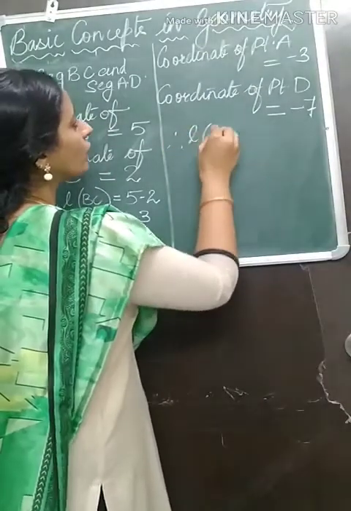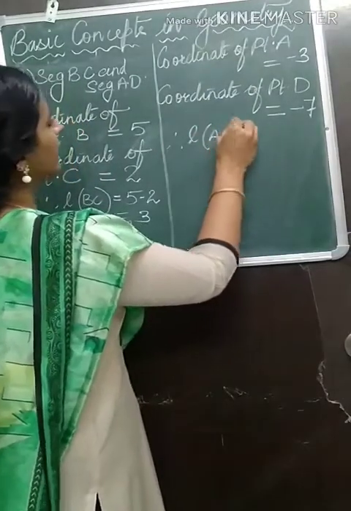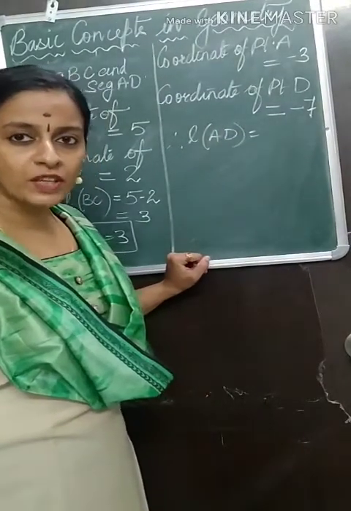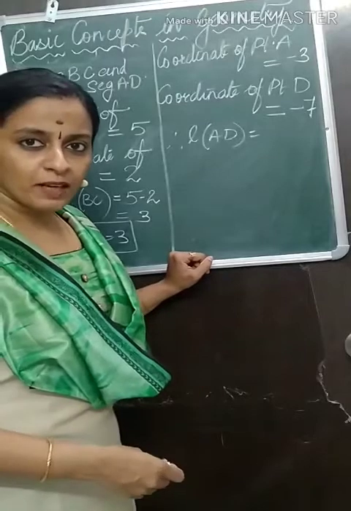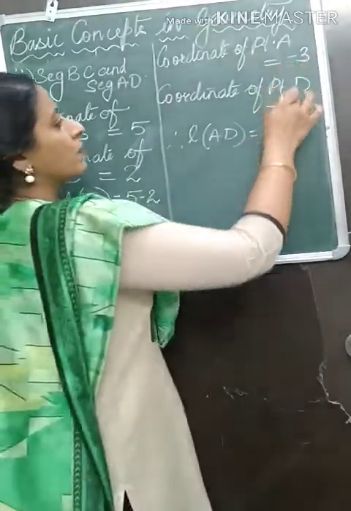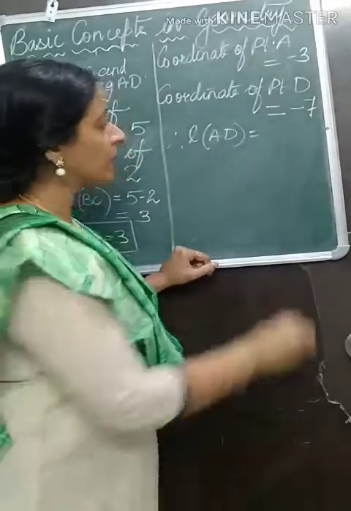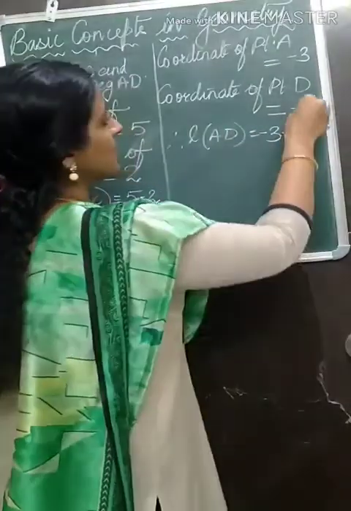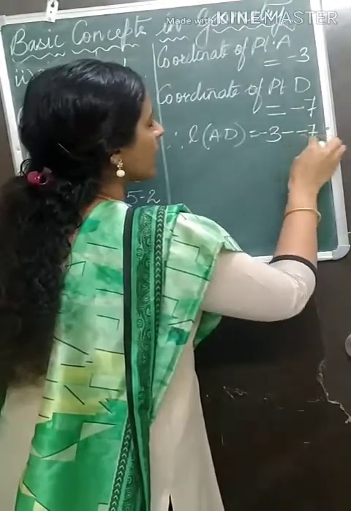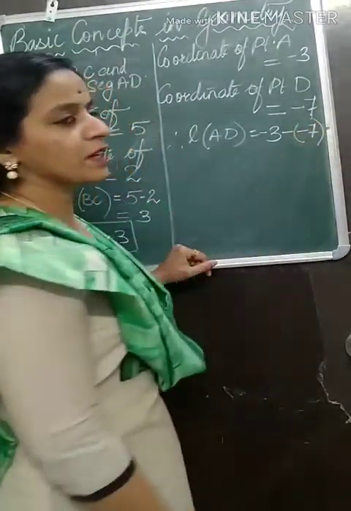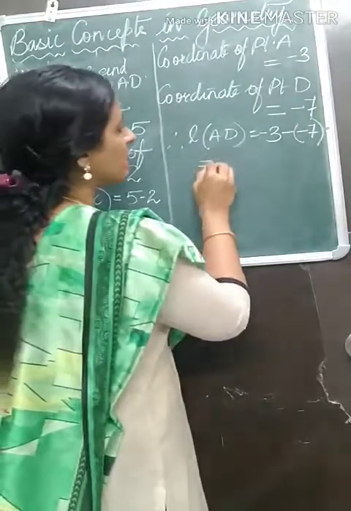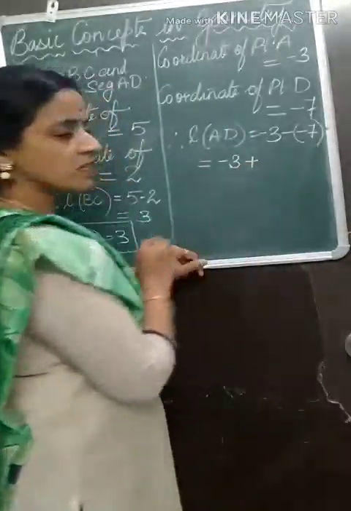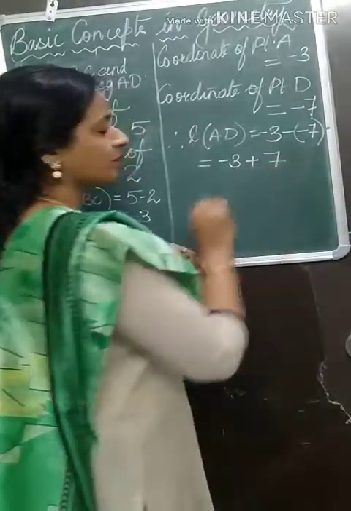Therefore, length of segment AD is equal to, when you have both the signs negative, the smaller number is the greater one. So, -3 and -7 means which is the greater number? -3 is the bigger number, minus -7. Okay, two signs, don't keep them close. Separate with a bracket. Now, next step, -3, minus and minus will become +7.